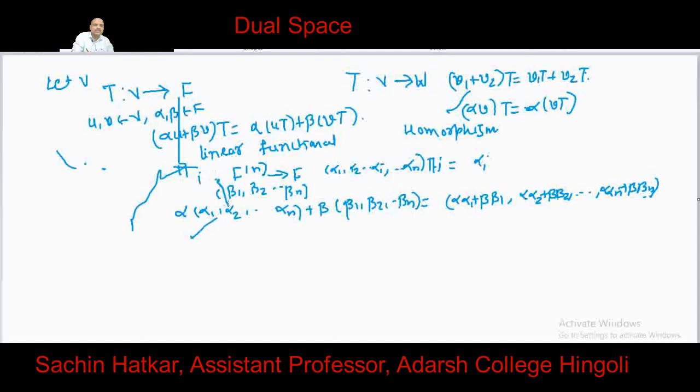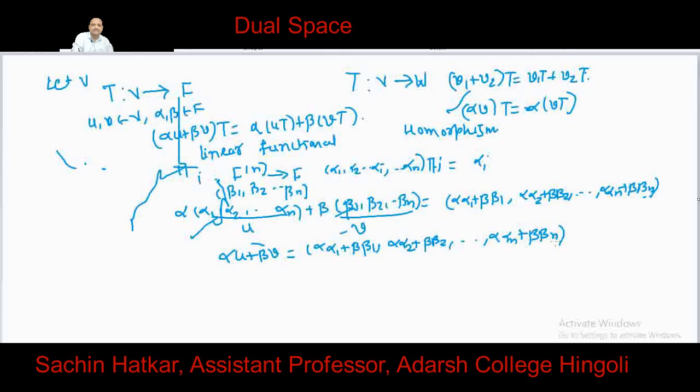Now if we call this element (alpha 1, alpha 2, ..., alpha n) as u, and this element (beta 1, beta 2, ..., beta n) as v, then we have alpha u plus beta v equal to this element (alpha alpha 1 plus beta beta 1, alpha alpha 2 plus beta beta 2, ..., alpha alpha n plus beta beta n).